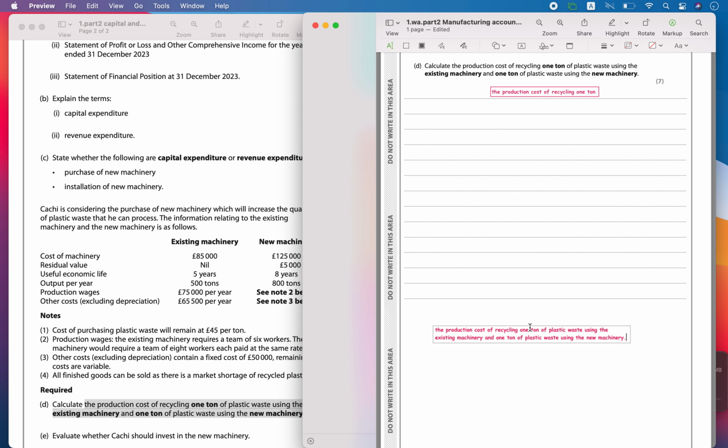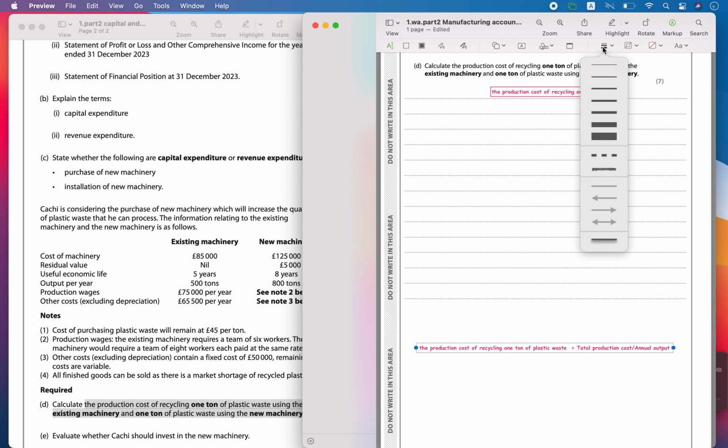So the production cost for 1 ton of plastic waste is equal to the total production cost divided by the annual output. That will give me the production cost of recycling 1 ton of plastic waste.